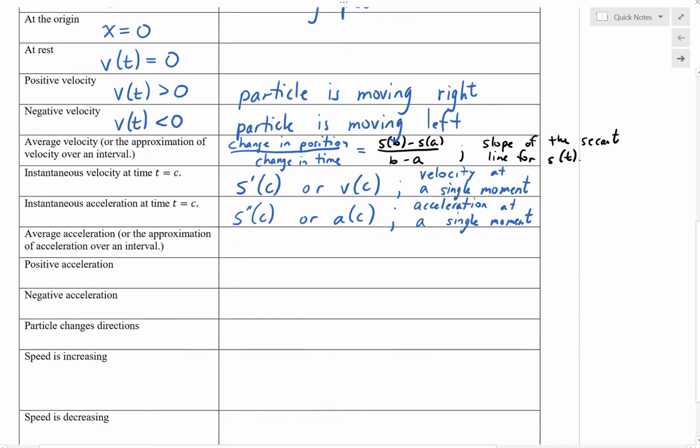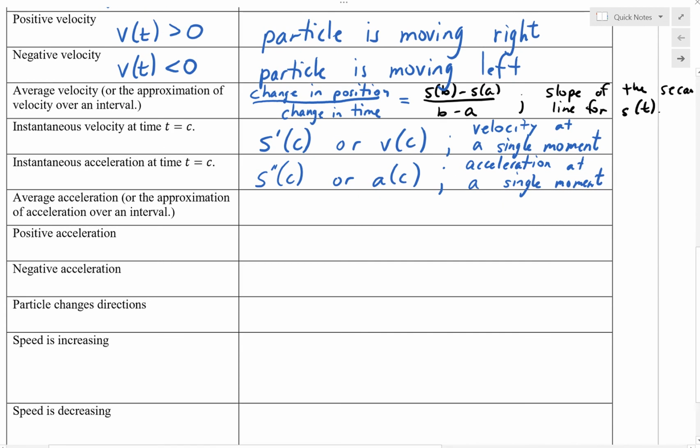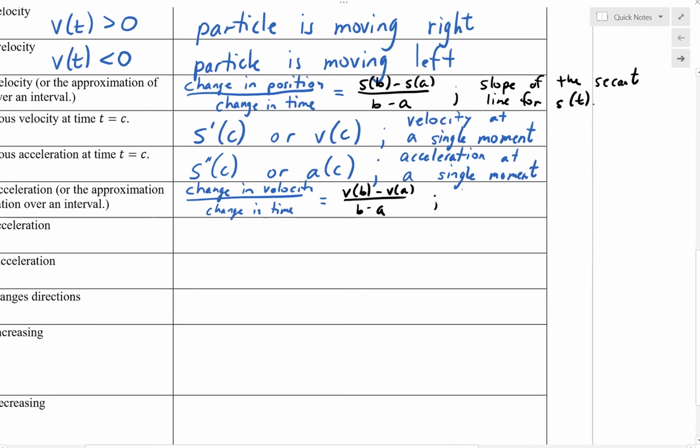Average acceleration, or the approximation of acceleration, is represented by the change in velocity over the change in time, which we could think of as v of b minus v of a over b minus a, the slope of the secant line for velocity.